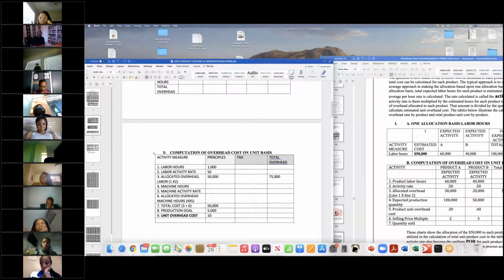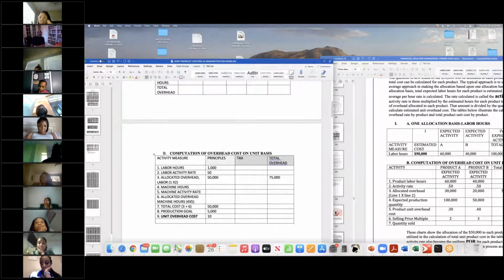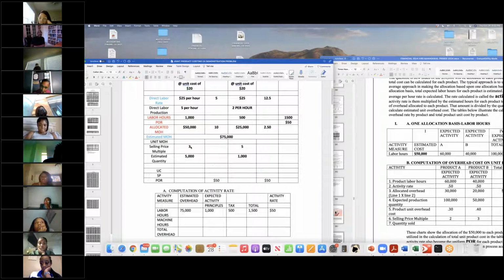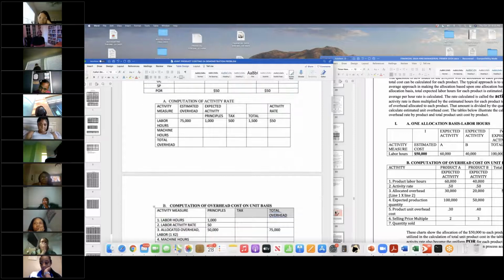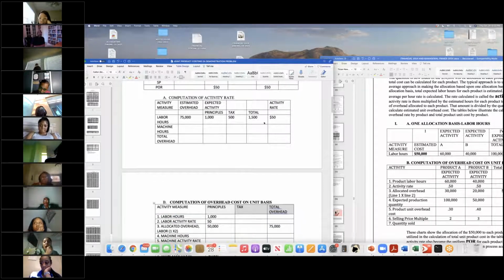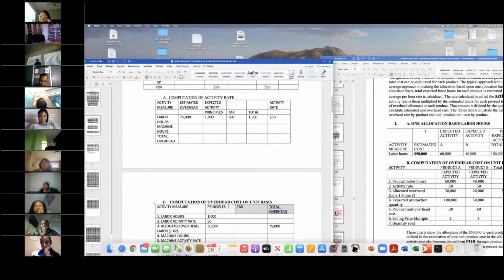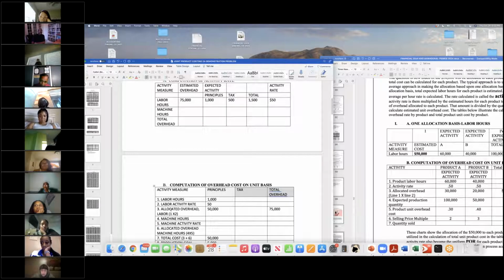Does everybody see every number under principles? 1,000 worth of hours. We went back up here and got these hours. Or you can get them from right here in that chart above it. 50, that's the activity rate. We multiply 1 times 2 to get the amount of the overhead that's coming to the principal's book.